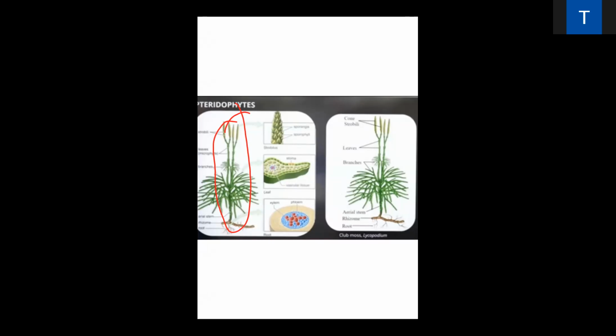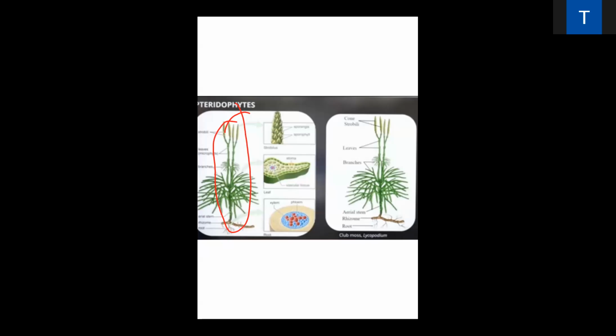Is it clear? This diagram is very important. Can you all see the horizontal rhizome here? No, here there is no horizontal rhizome, because the growth is vertical.